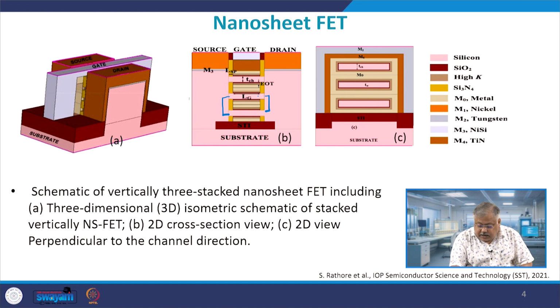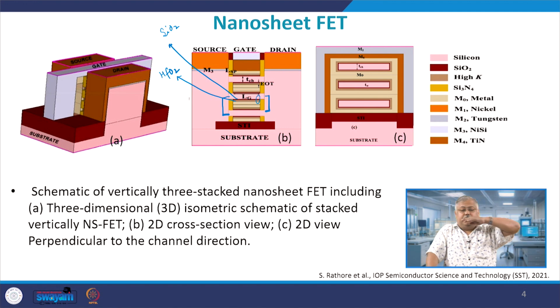Now, if you concentrate again at this particular point, there are 2 layers of dielectric. One is the high K material, this is high K, and the brown colored is low K. Low K is silicon dioxide and the high K is hafnium dioxide. So, what you are doing is vertically stacking each oxide layer over each part.